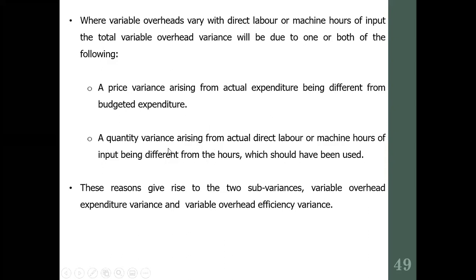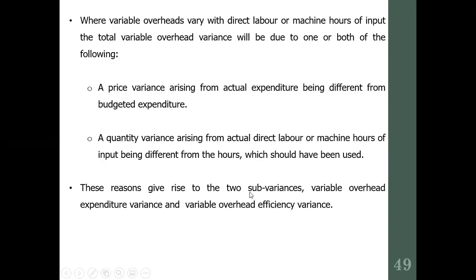And also the quantity variance arising from the actual direct labor or machine hours of input being different from the standard hours. So that is the second reason. Simply putting, the expenditure and the resource. So this is the efficiency and this is the expenditure.